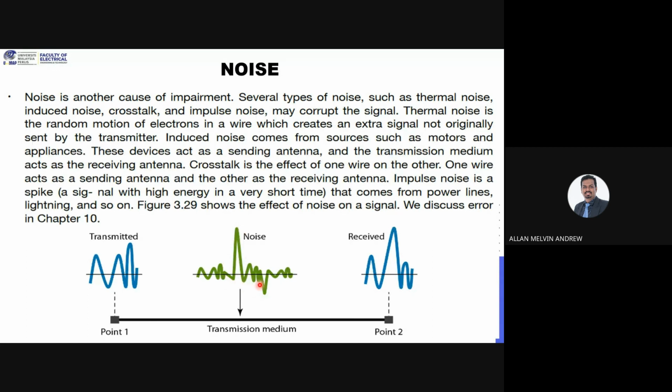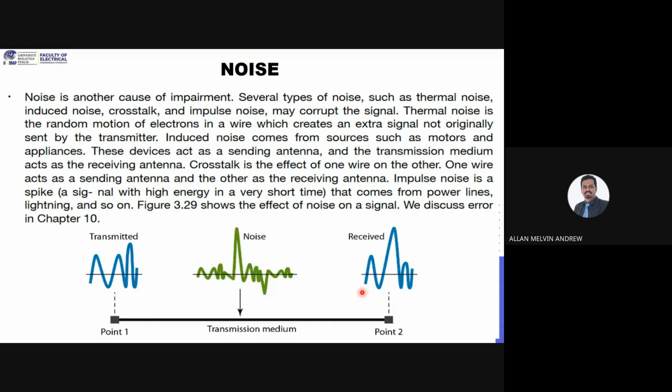Because of the lightning, when you receive, the shape is already different. So this transmitted and received signal, when it is demodulated, will become a new shape, which is not accurate. So we need to remove noise as much as possible.